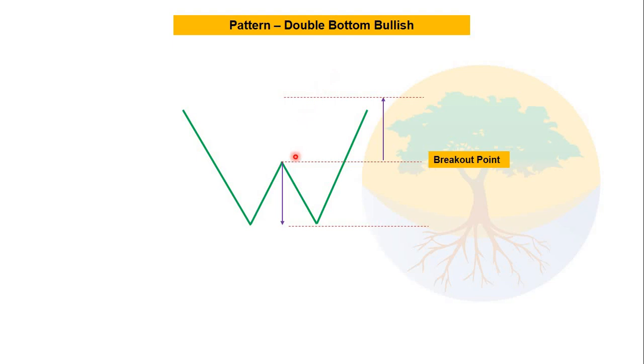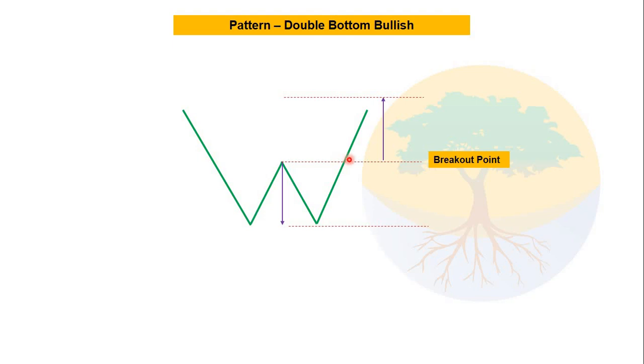So ideally, you consider entry at the point that the price breaks the upper point of the middle level of the double bottom formation. So this inner triangle, you project the top of that line towards this direction.